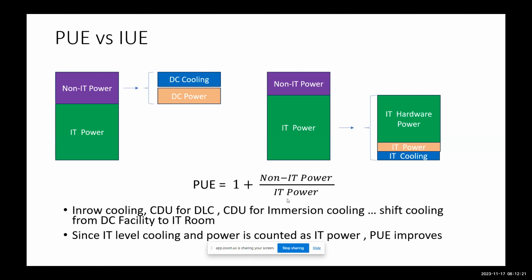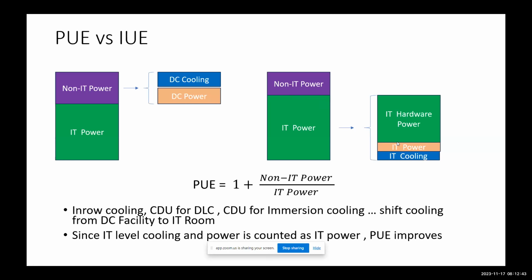So before you jump to IUE, we need to make sure that in PUE, we understand how this all gets measured, like how cooling and power is handled as new technologies emerge, right? So how you handle the right-hand side itself is a problem in my mind.